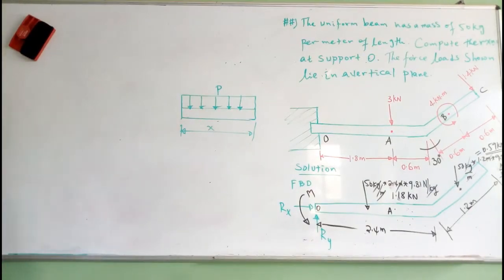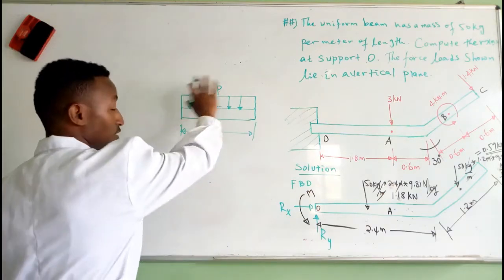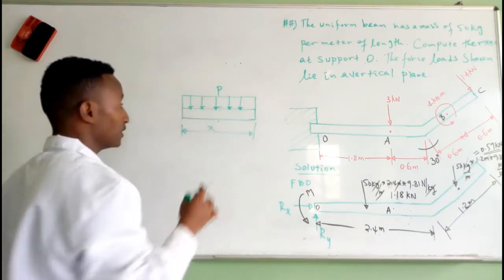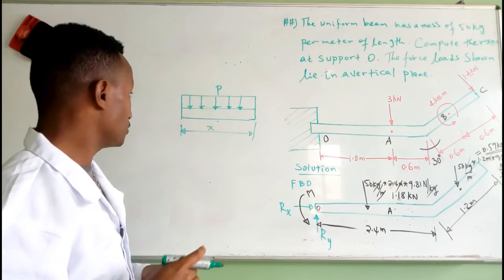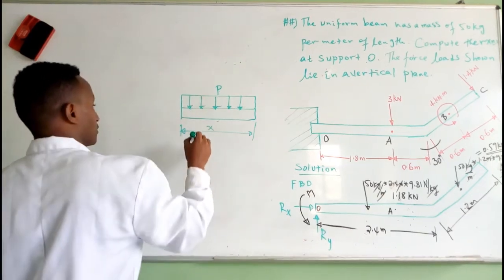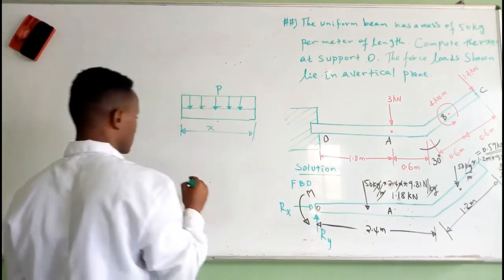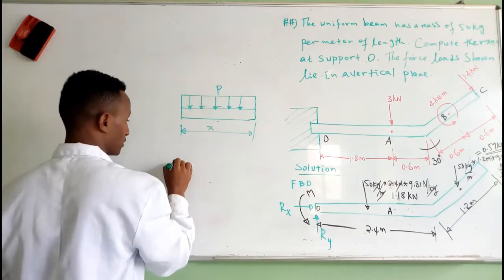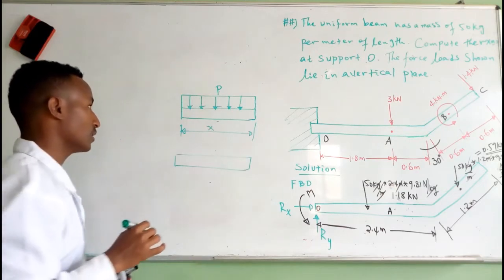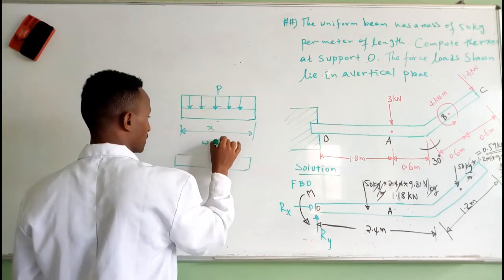How can we convert it into concentrated load? This one is distributed load, the load is distributed in each meter. So we multiply by length in order to convert it. Let me draw another beam, and when we multiply, the weight is equal to P times x.